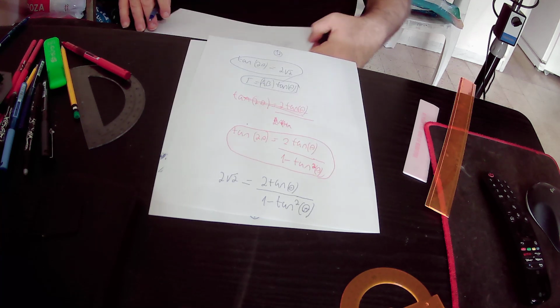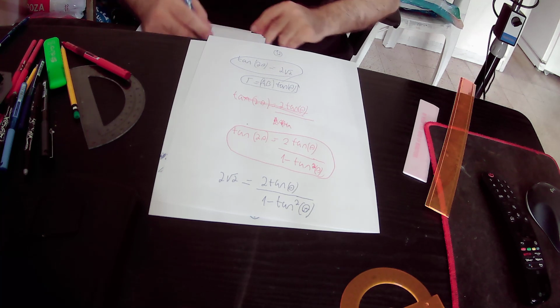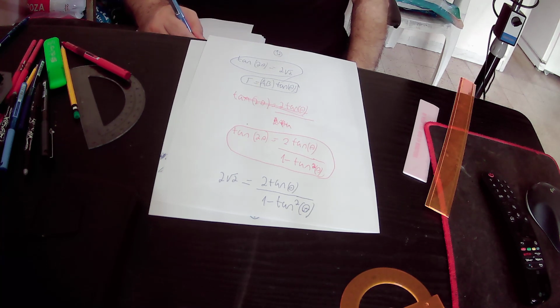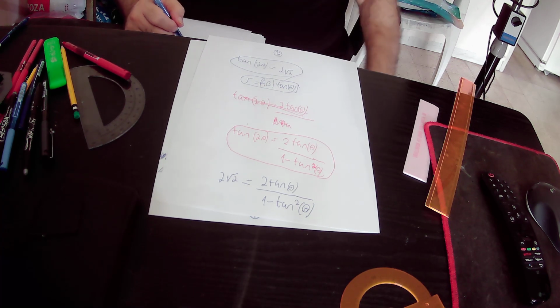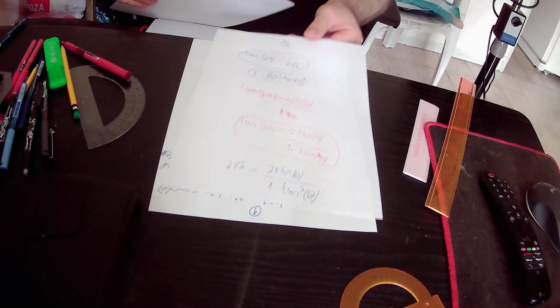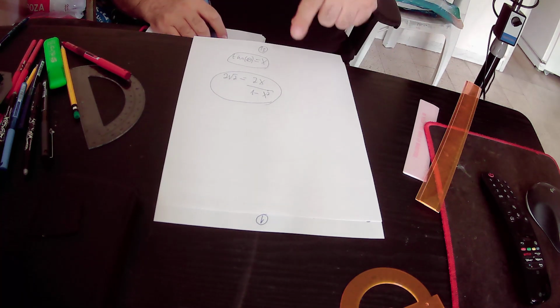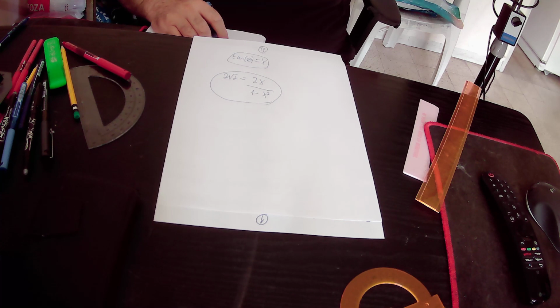Then we will substitute tangent theta in this equality by x, and we will get that 2 times root 2 equals 2x over 1 minus x squared. So we got this equality: 2 times root 2 equals 2x over 1 minus x squared.